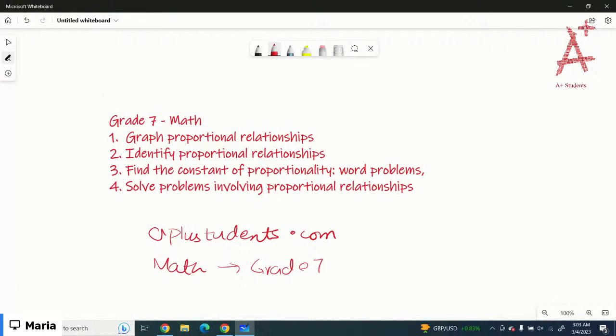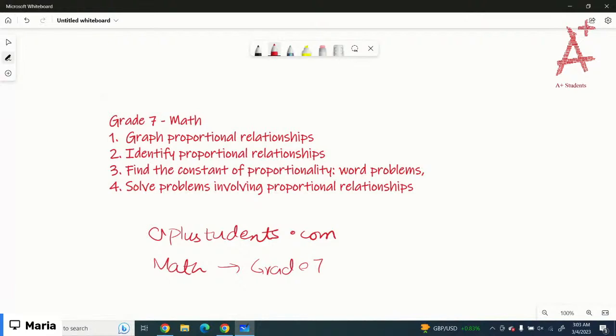We are going to start with the chapter proportional relationships, and the lessons we're going to cover today from the chapter are graph proportional relationships, identify proportional relationships, find the constant of proportionality, word problems, solve problems involving proportional relationships.